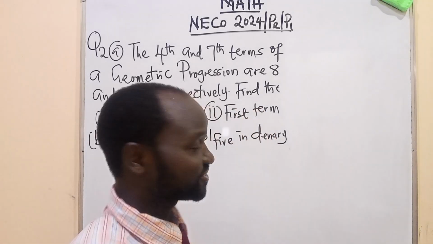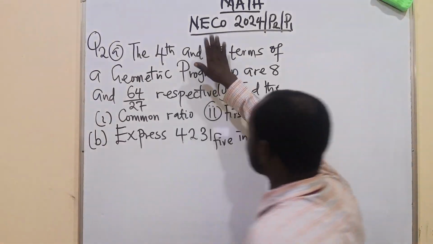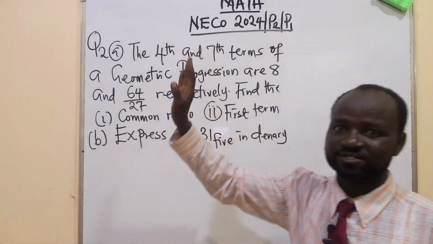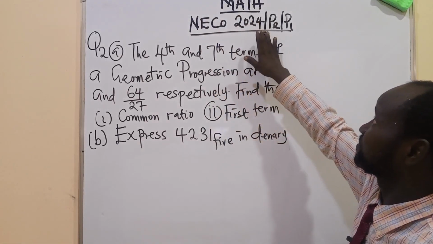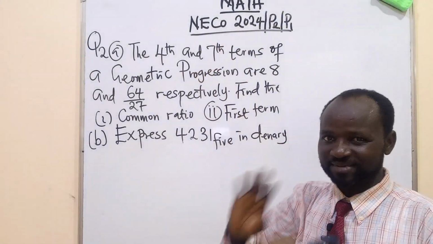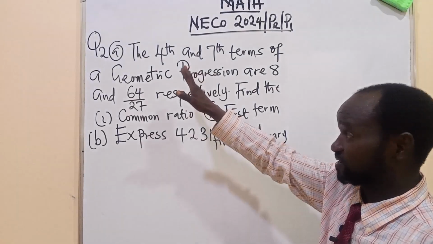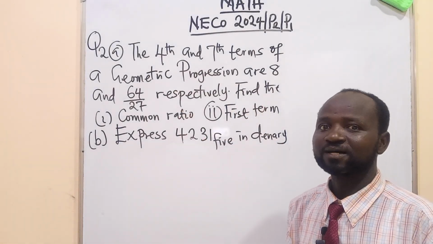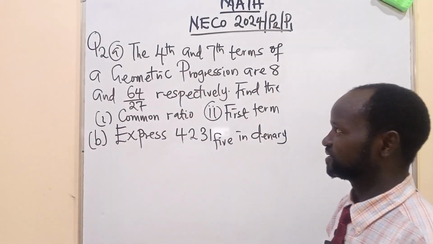In today's presentation, we are looking at a question from the Senior School Certificate Examination, NECO 2024, Paper 2, Part 1. This is Mathematics. With us here are questions 2A and 2B respectively.